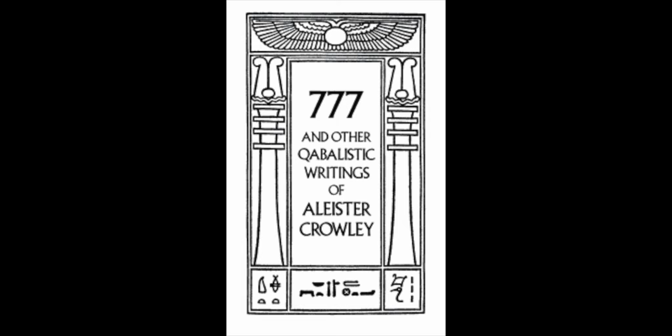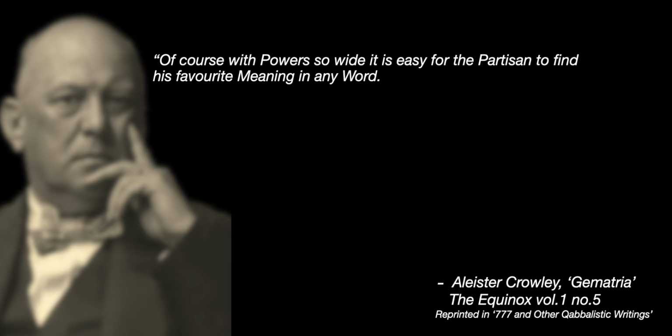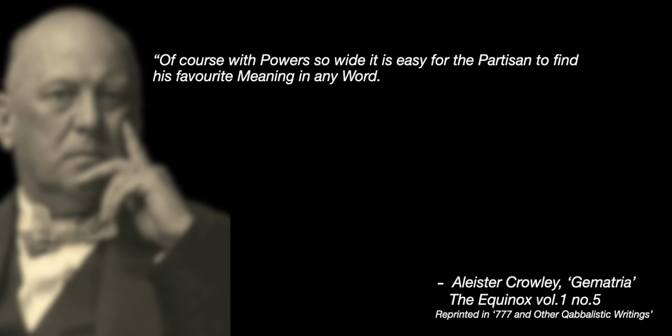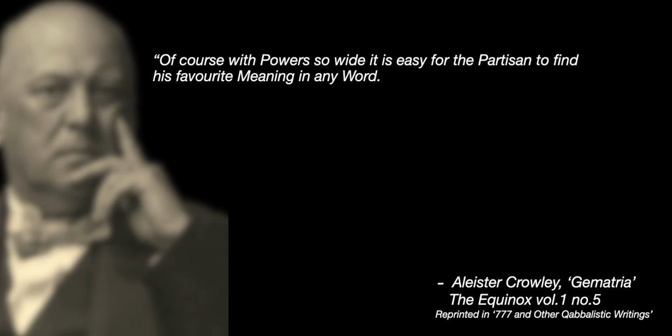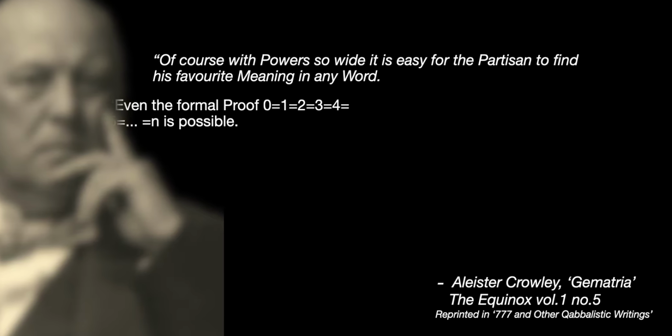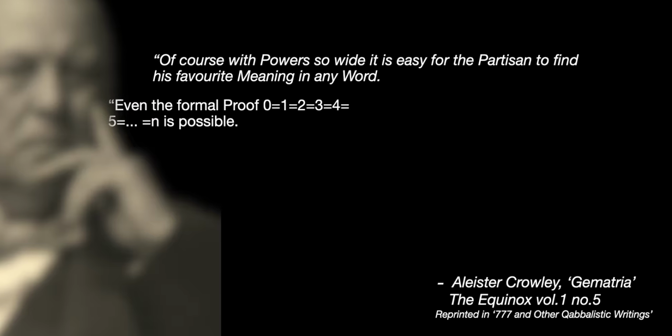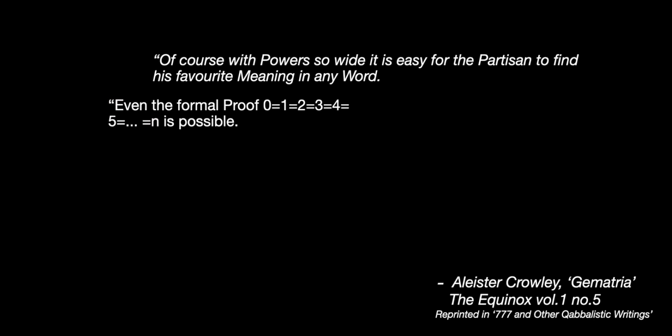Now, Crowley says of this from our 777 and other Kabbalistic writings, there's a paper on Gematria that it opens with, and he says of this, of course, with powers so wide, it is easy for the partisan to find his favorite meaning in any word, which is very true. Even the formal proof, 0 equals 1 equals 2 equals 3 equals 4 equals 5 equals whatever number you want to try and make it equal, is possible.